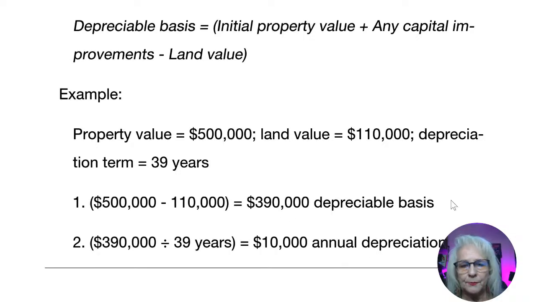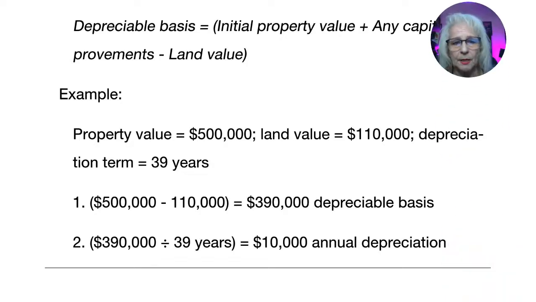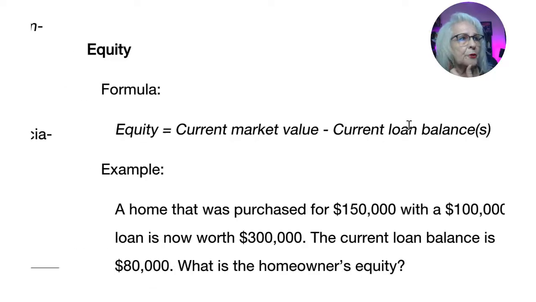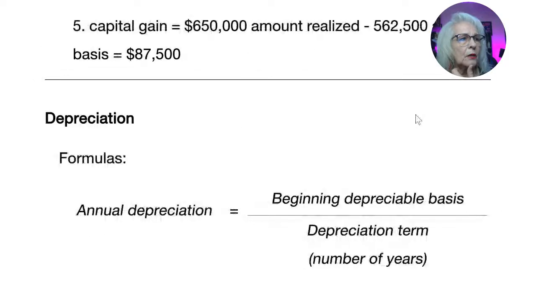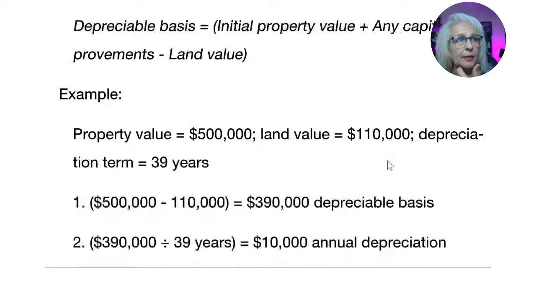Now we're looking for the annual depreciation, right? So 390,000 divided by how many years? 39 years is what the question said, equals 10,000 annual depreciation.